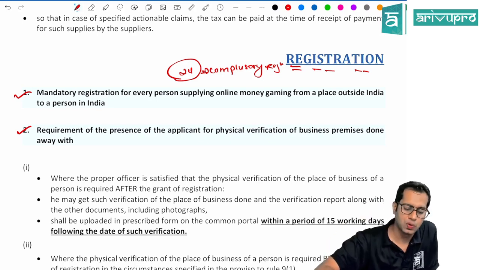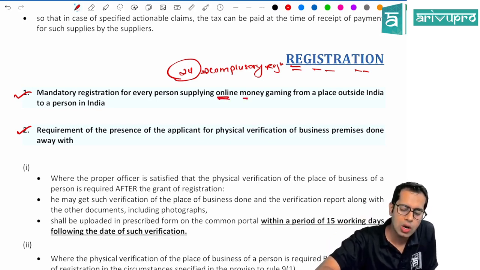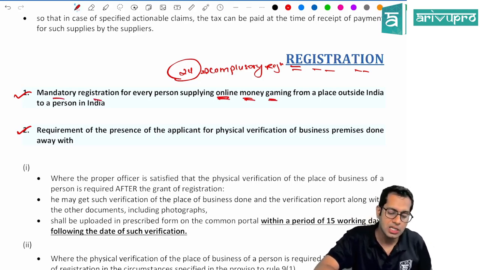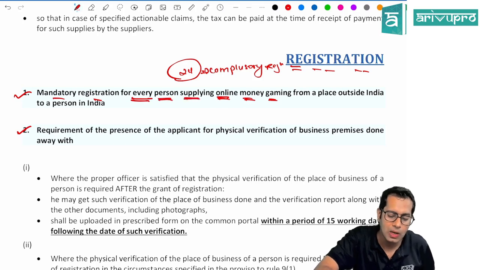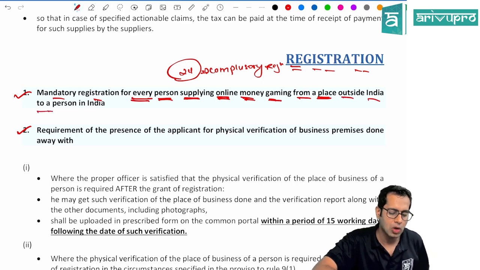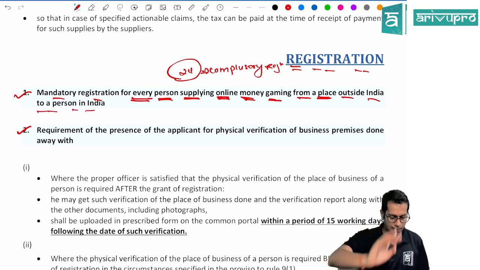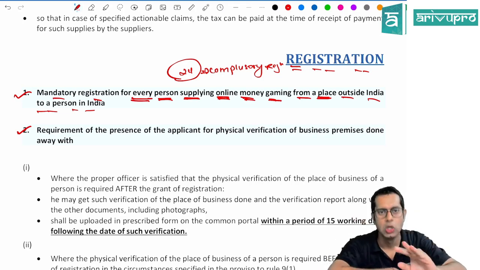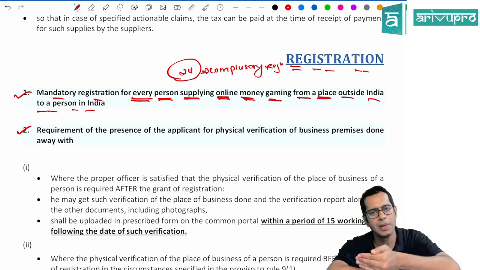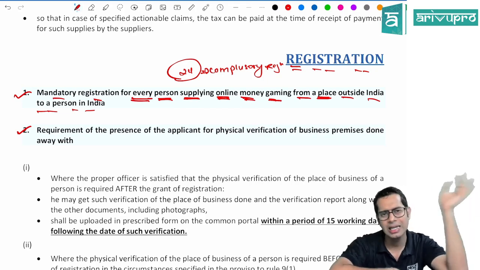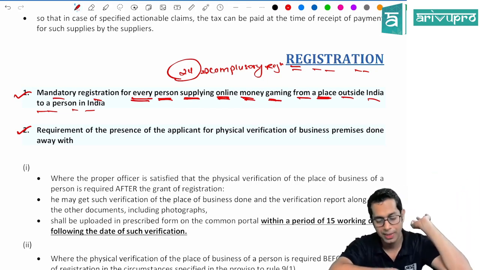One of the persons specified over here is a person involved in online money gaming. Mandatory registration for every person who is supplying online money gaming from a place outside India to a person in India. So if you are in the business of online money gaming, and you are giving the services from outside India, then you should compulsorily take a registration in India.